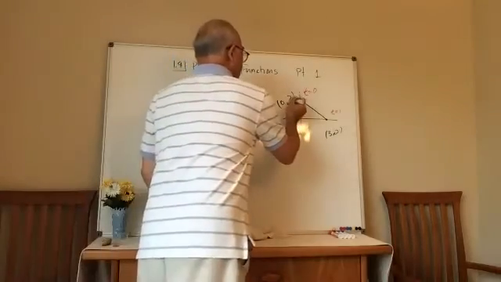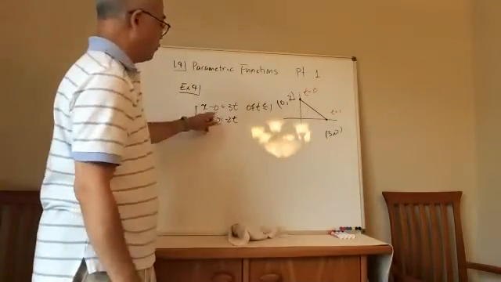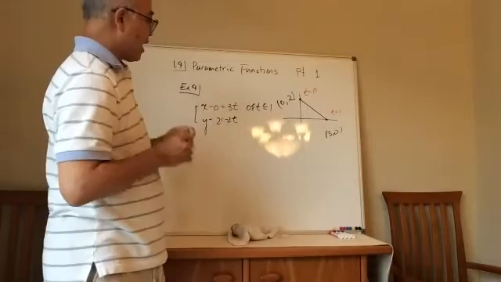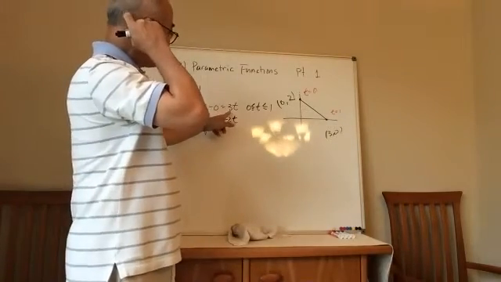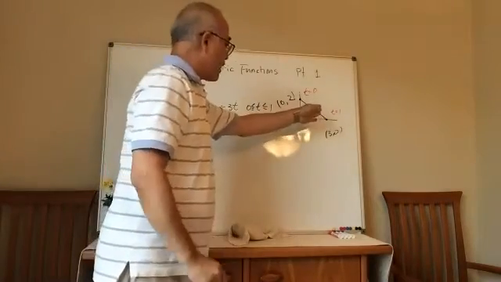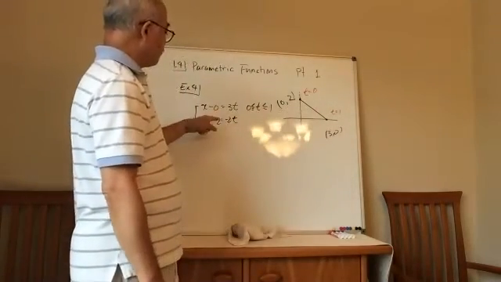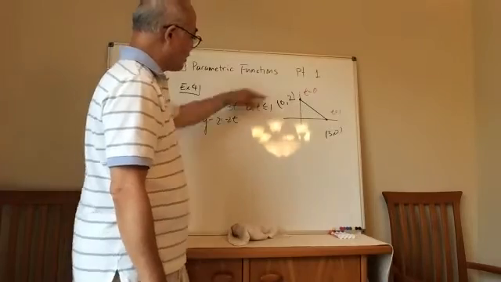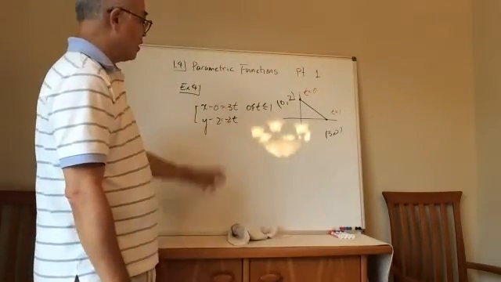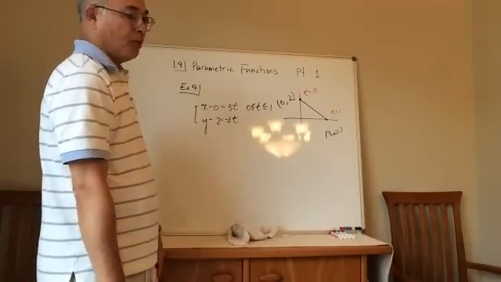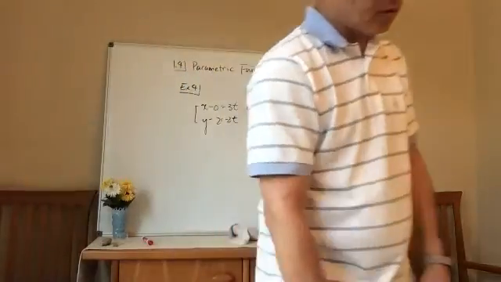During the time interval, I went 3 forward in the x direction, and I went negative 2, 2 down, in the y direction. So 3 and negative 2. Does that make sense?